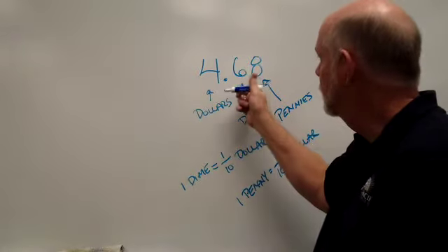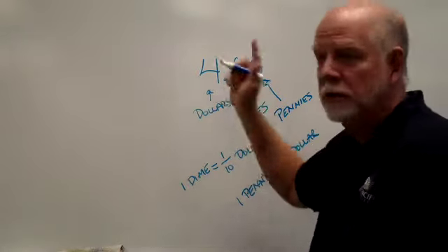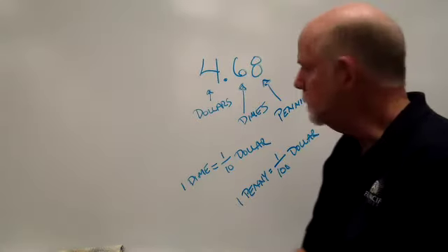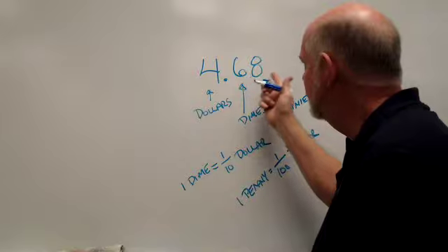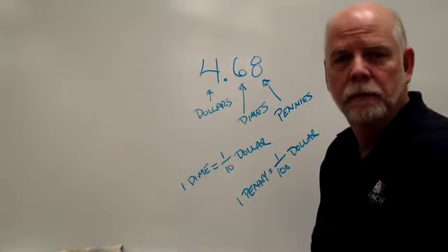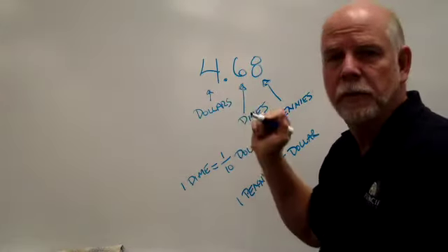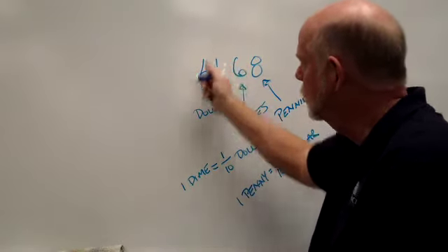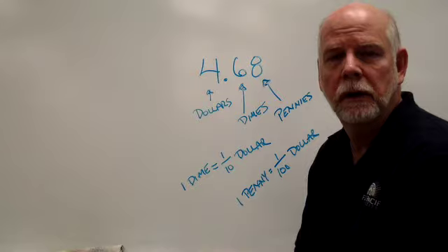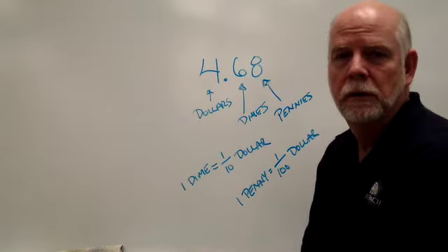So if we got to 100 of these, we would wrap over to one whole unit again. If we get to 10 pennies, we can convert that to a dime, and we roll over to the next decimal place. If we end up with 10 dimes, we can convert that and roll it over to 1 full dollar in the next decimal place.